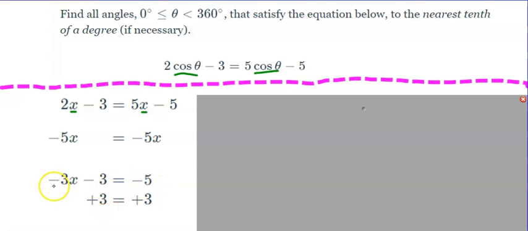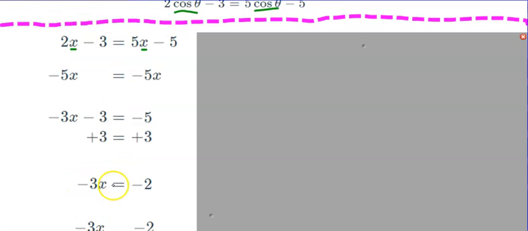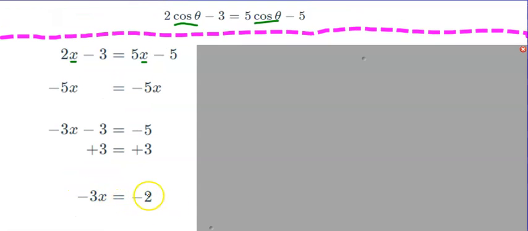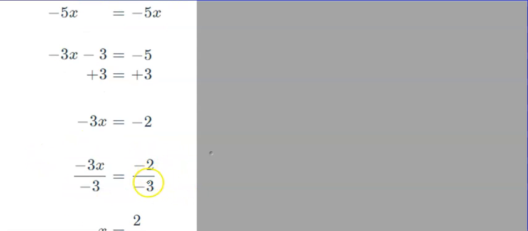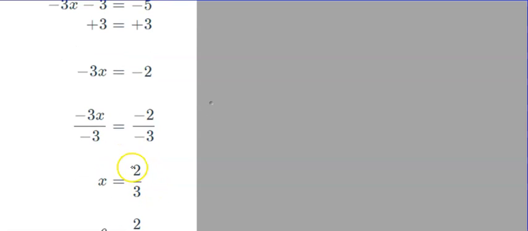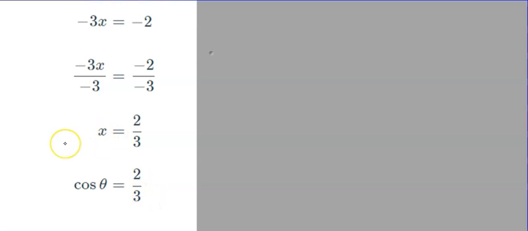Add 3 on both sides to get negative 3x by itself. So that's now negative 3x equals negative 2. Divide both sides by negative 3, and negative 2 divided by negative 3 reduces to positive 2 over 3. And now we can replace x with cosine again.